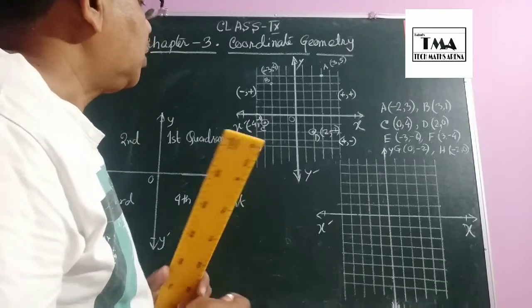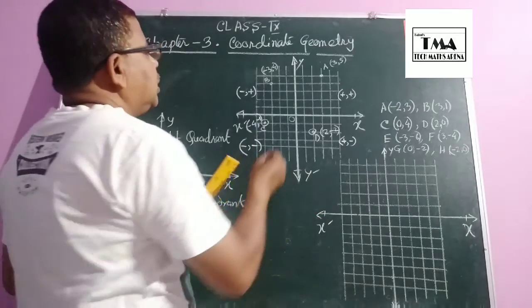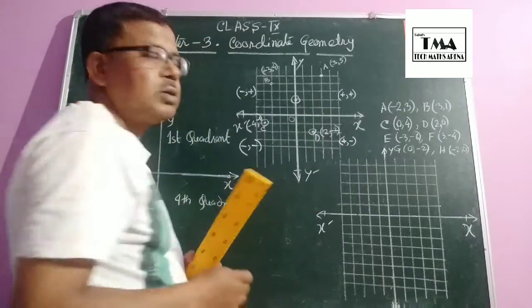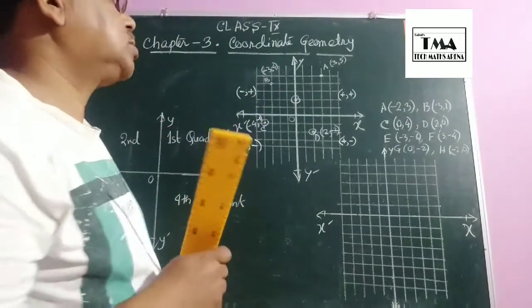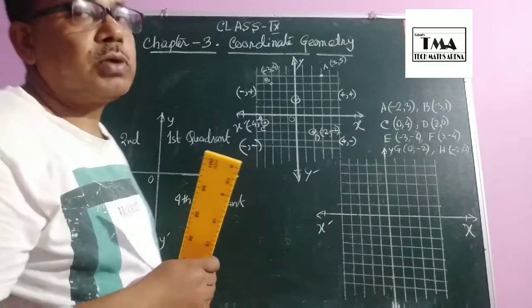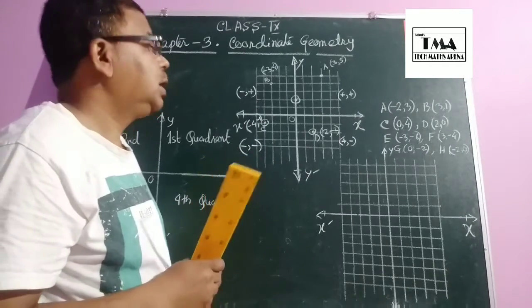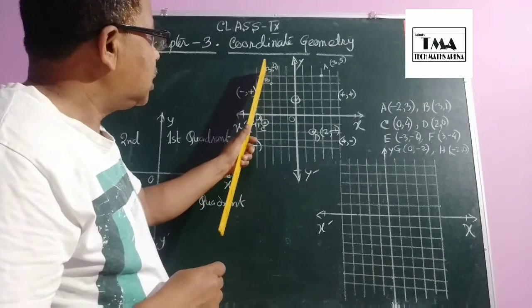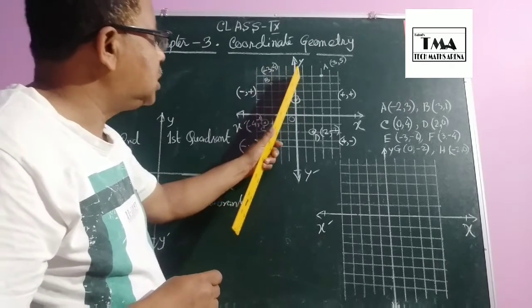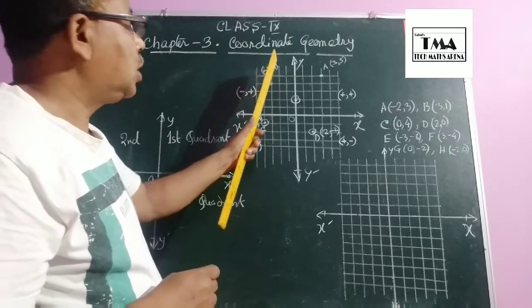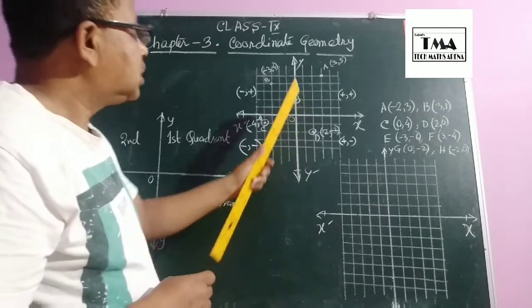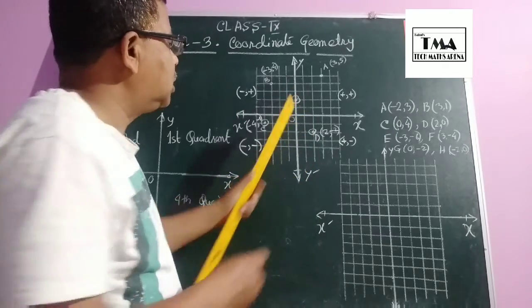Now again, another thing. Suppose a point is here, which is on the y-axis. Then how can we locate it? Remember, the x coordinate means distance from the y-axis and the y coordinate means distance from the x-axis.